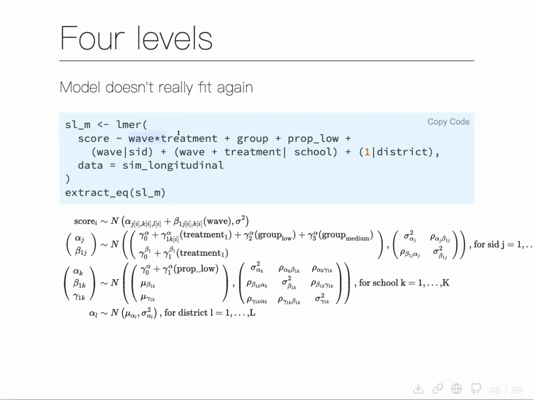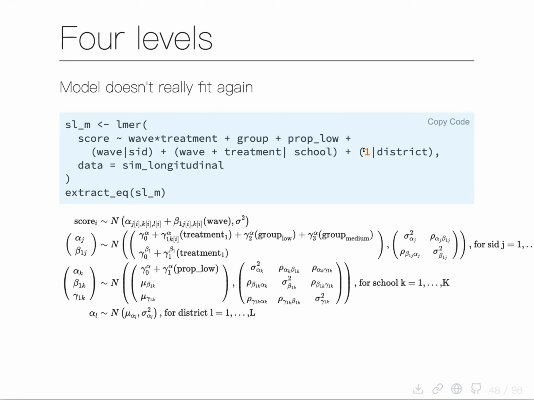But we have wave times treatment plus group plus proportion low, okay? So prop low is a school level variable, and then treatment is a student level variable, and wave is a time level variable, right? So it's a within student level variable. So this is at level 1, this is at level 2, this is at level 2, and this is at level 3.